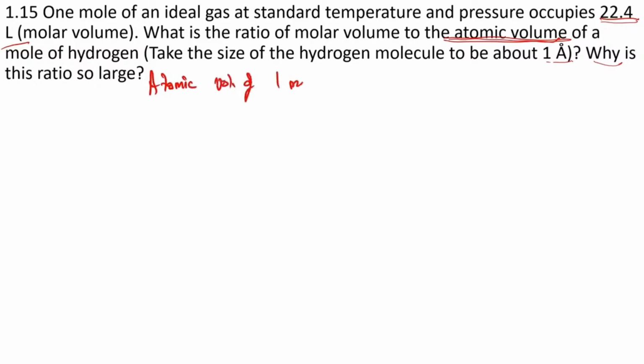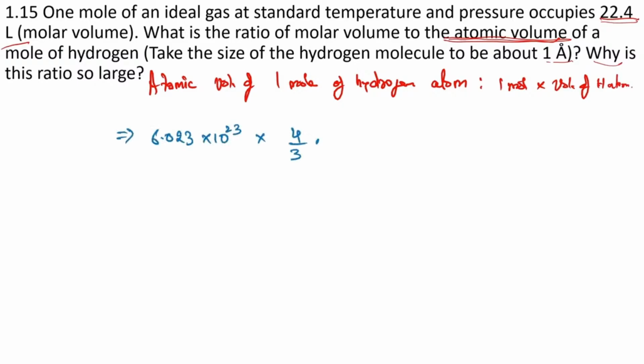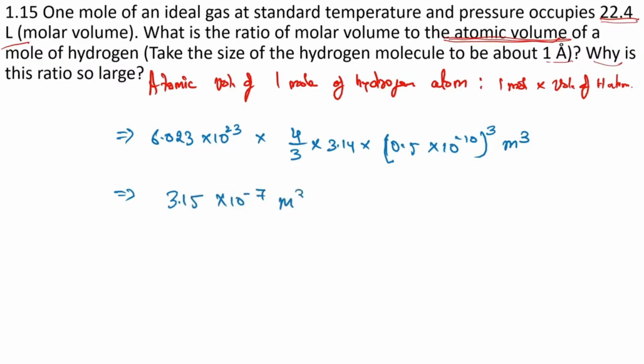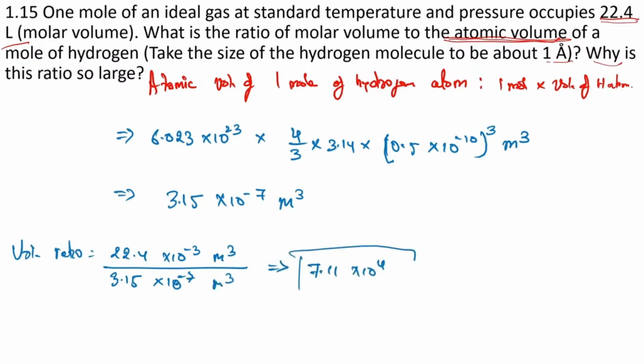The atomic volume of 1 mole of hydrogen atom would be 1 mole multiplied by the volume of individual hydrogen atom. So it would give us 3.15 into 10 raised to the power minus 7 meter cube. So volume ratio would be as given 22.4 liter, which is converted into meter cube for the same units, and it is 7.11 into 10 raised to the power 4.